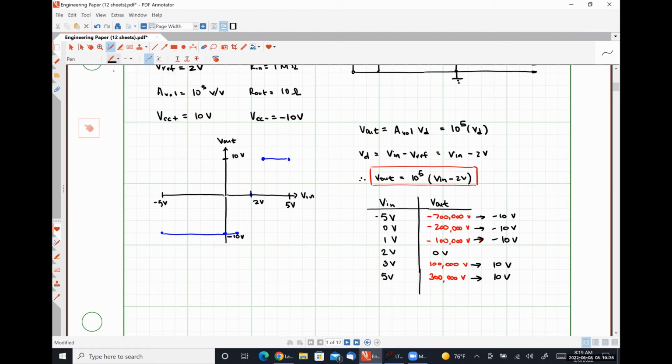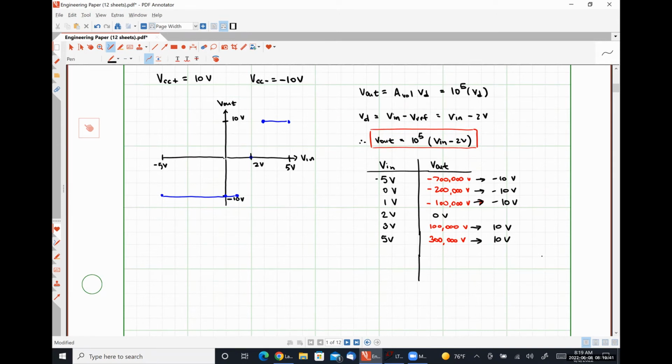So let's look at what happens when Vn is 1.99 volts. When Vn is 1.99 volts, our differential voltage Vd is 1.99 minus 2 volts, or negative 0.01 volts.